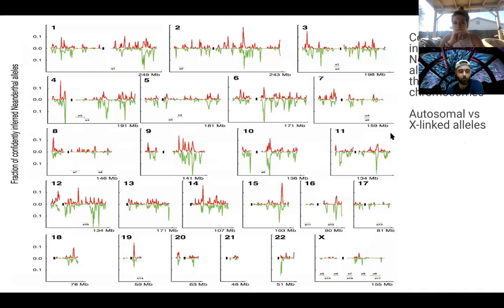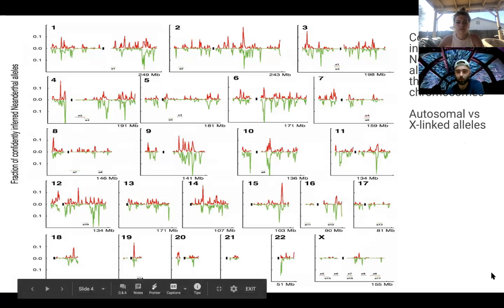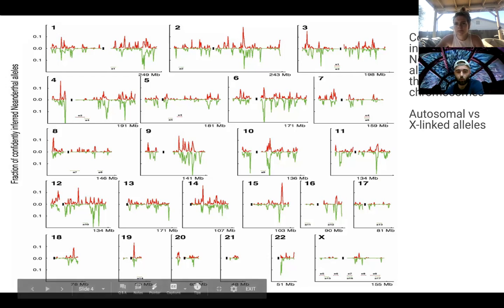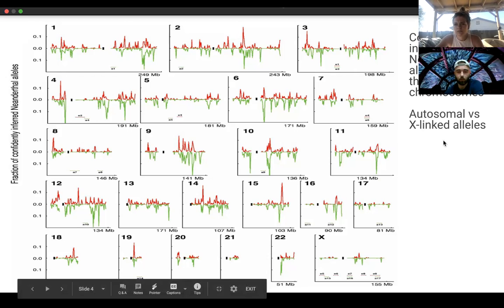So this is going to be the pictures and the maps of all the chromosomes, all 23. So you have the 22 autosomal chromosomes and the one X chromosome that they map out. The little black dot in all the pictures is the centromere, and they show you the specific regions where these certain alleles are more frequent.